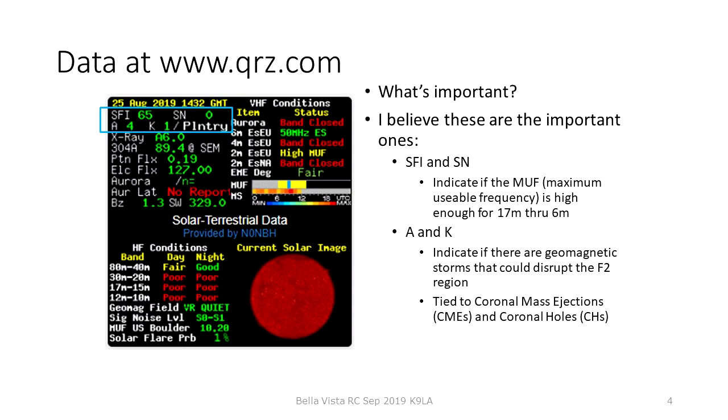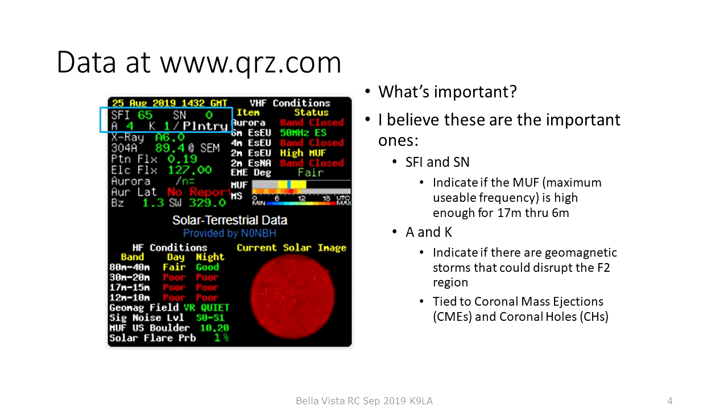That's the solar flux index, SFI, and SN, sunspot number. So what they do is give us an idea if the maximum usable frequency, the MUF, is high enough for 17 meters through 6 meters. Now, why I started at 17 will be explained a little bit later when I talk about propagation at solar minimum.